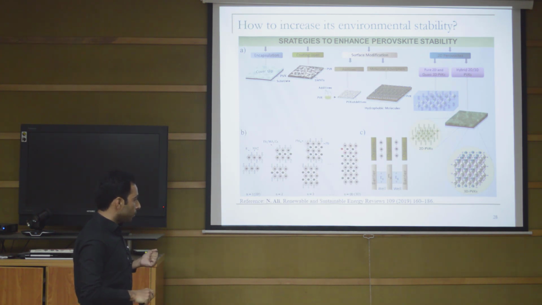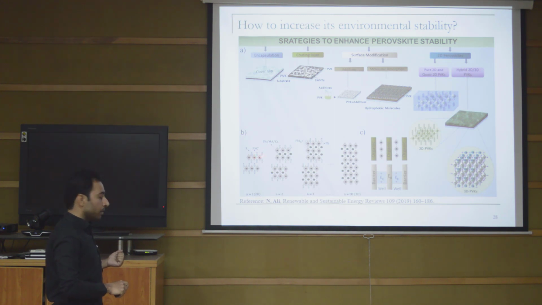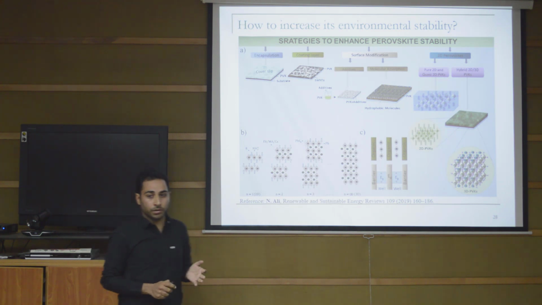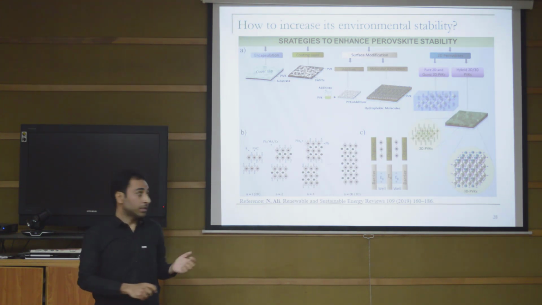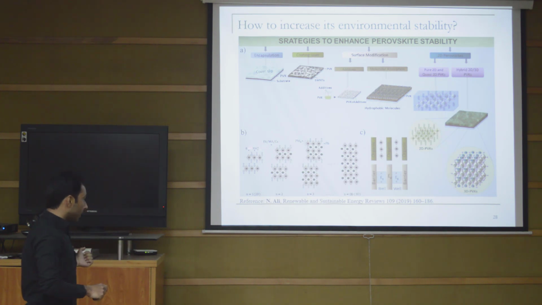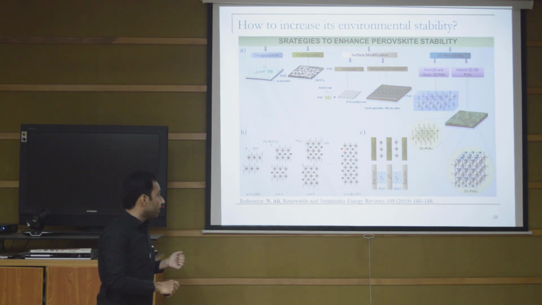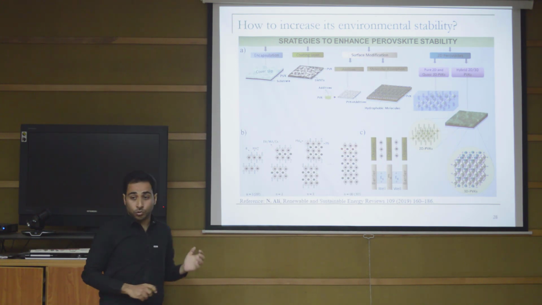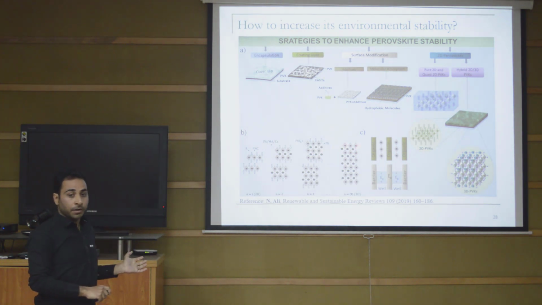Now if you replace this cation with a bigger one like these, which are indicated by the arrows, these octahedra will be separated from each other, and the perovskite will be converted into a layer form. Since these organic cations indicated by arrows are more hydrophobic than cations like FA or MA or CCM, they are increasing the environmental stability of the material.